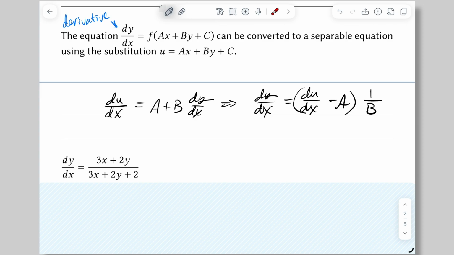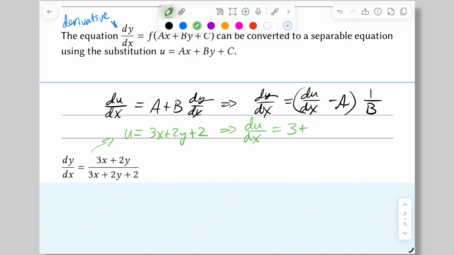In the case of the example I have here, dy dx equals 3x plus 2y over 3x plus 2y plus 2, we might say that u is equal to 3x plus 2y plus 2, what we see in the denominator. And then du dx is equal to 3 plus 2 dy dx, and then solve for dy dx. Again, we'll see how that plays out in the example video.